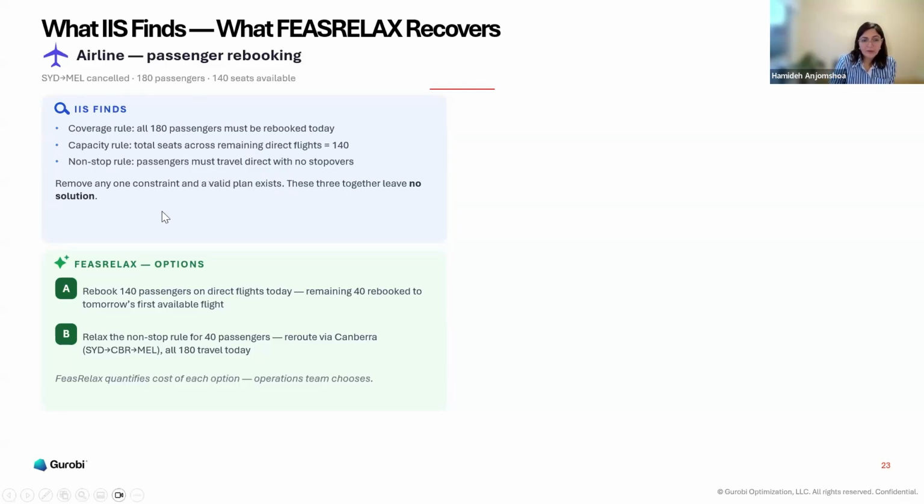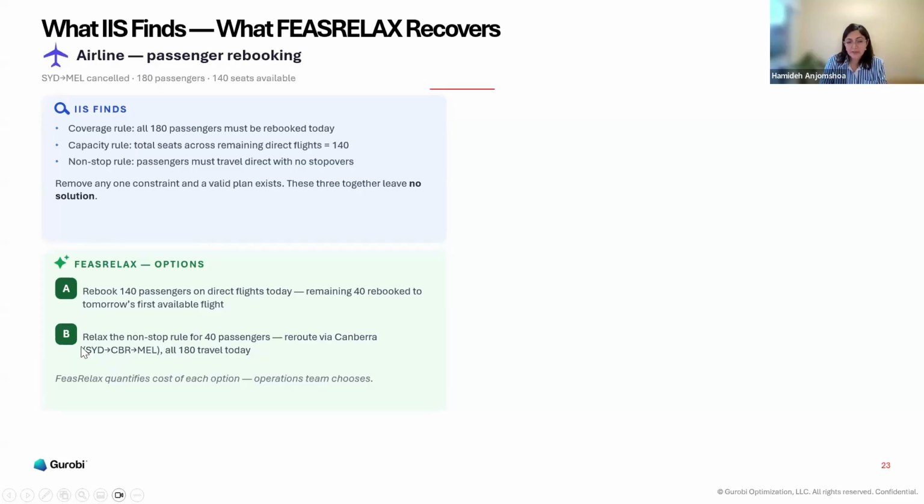So IIS can help identify the three conflicts, and with the feasibility relax, you can look at them and see the options that you have. You can relax so that 140 can be on direct flights today, and the remaining 40 should be rebooked today. That is one option.